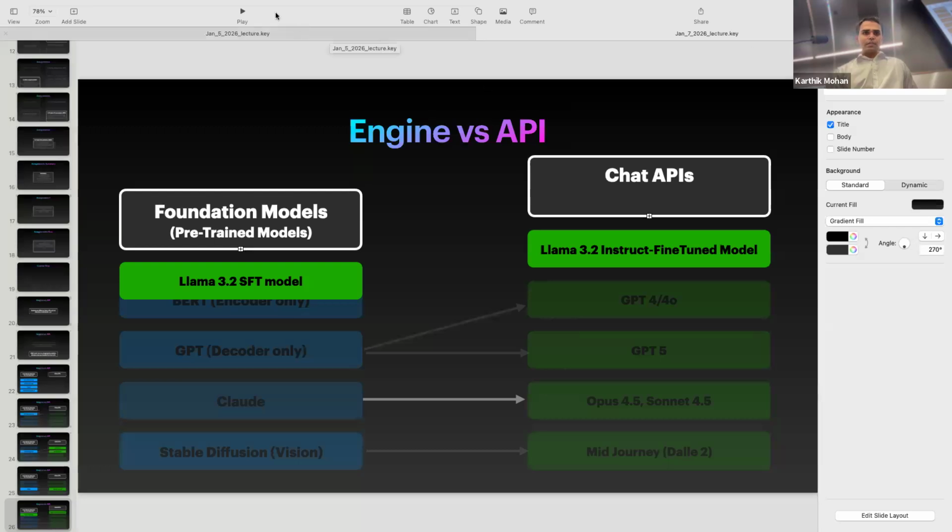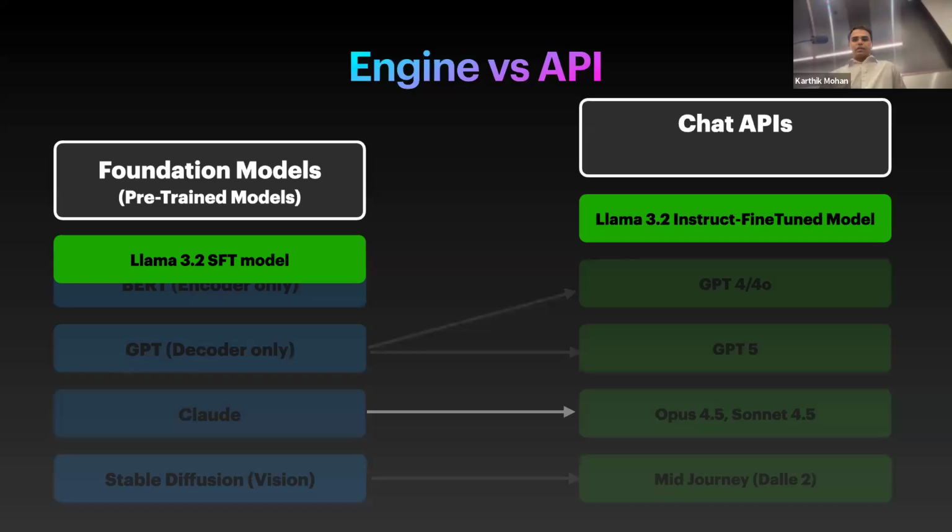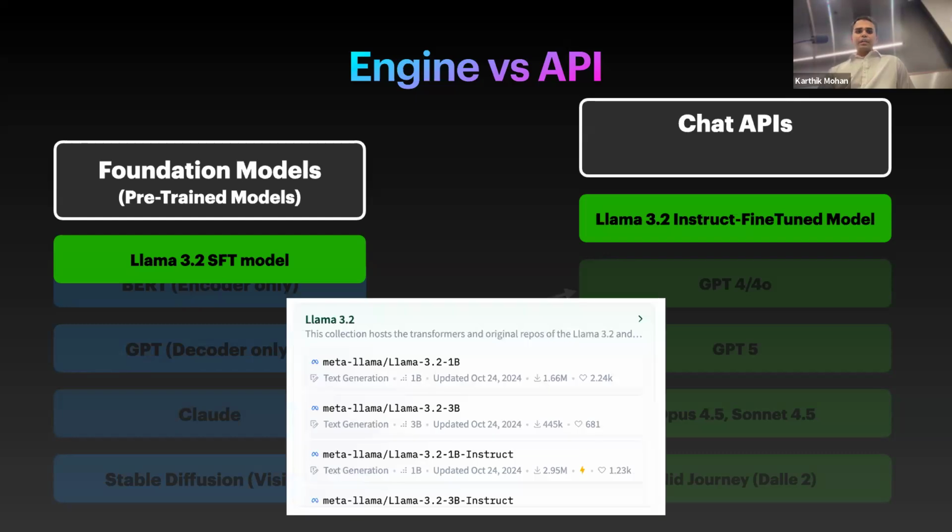So we have Llama 3.2, and then we have the Instruct fine-tuned version. So for example, if I went to Llama on Hugging Face, and checked out Meta Llama 3, under Meta Llama we have Llama 3.2 1 billion, Llama 3.2 3 billion. We also have a Llama 3.2 1 billion Instruct.